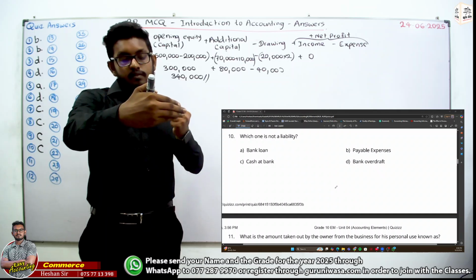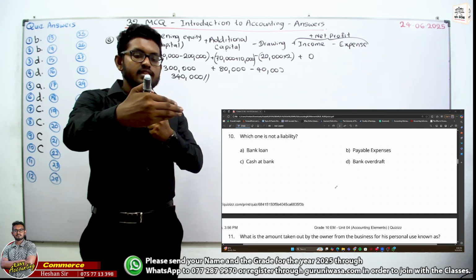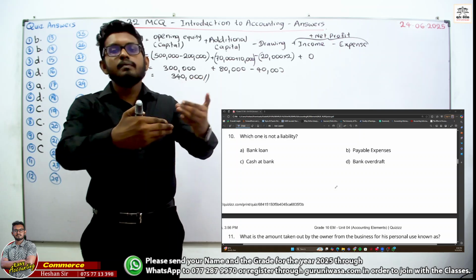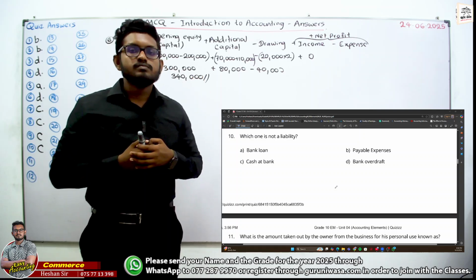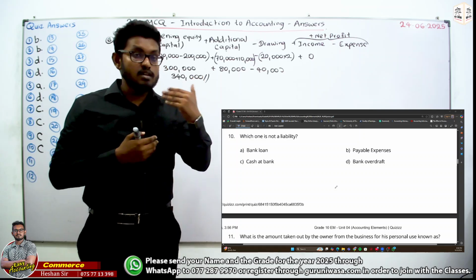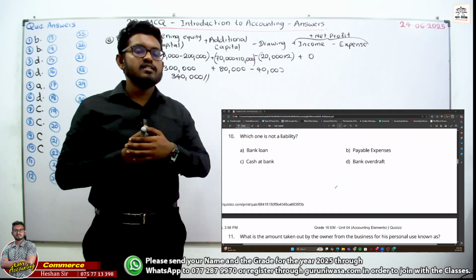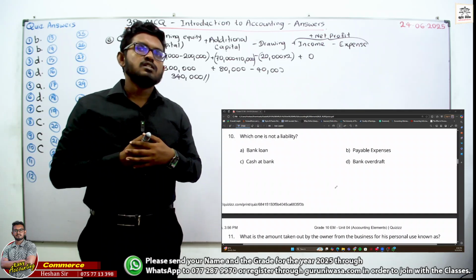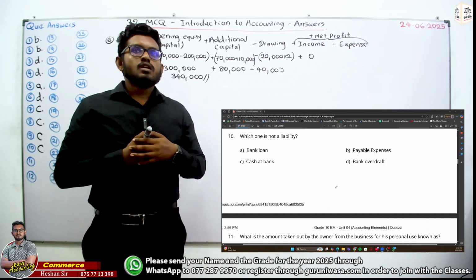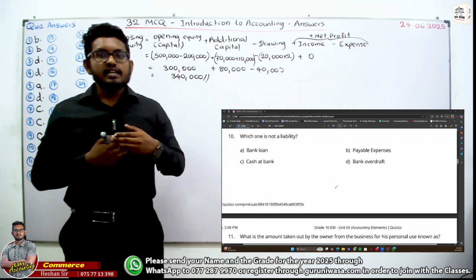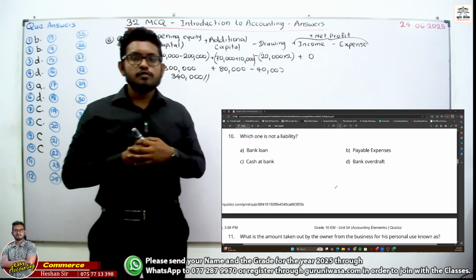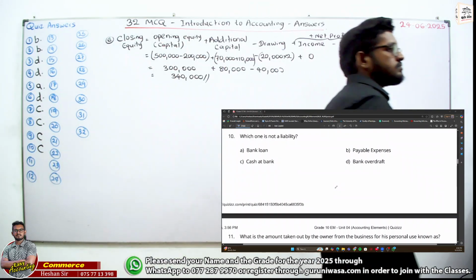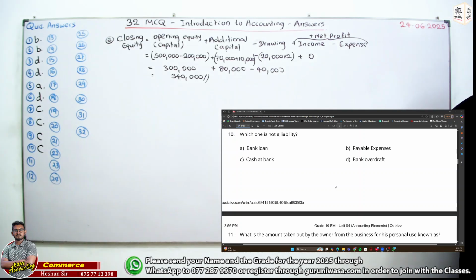My bank gives the additional 20,000 from the bank's money. Understand? Oh, sorry, suppliers are creditors. A bank overdraft is only for current accounts, not for savings. It is a liability to the business.